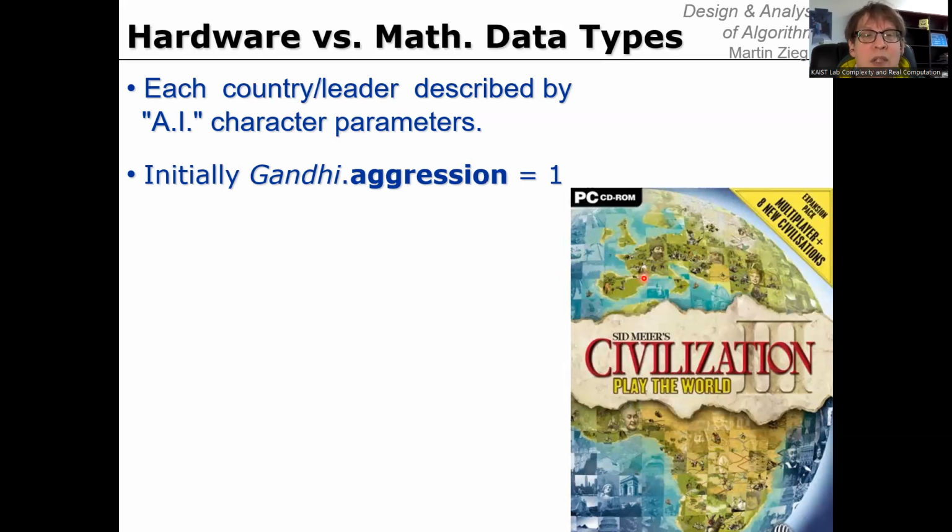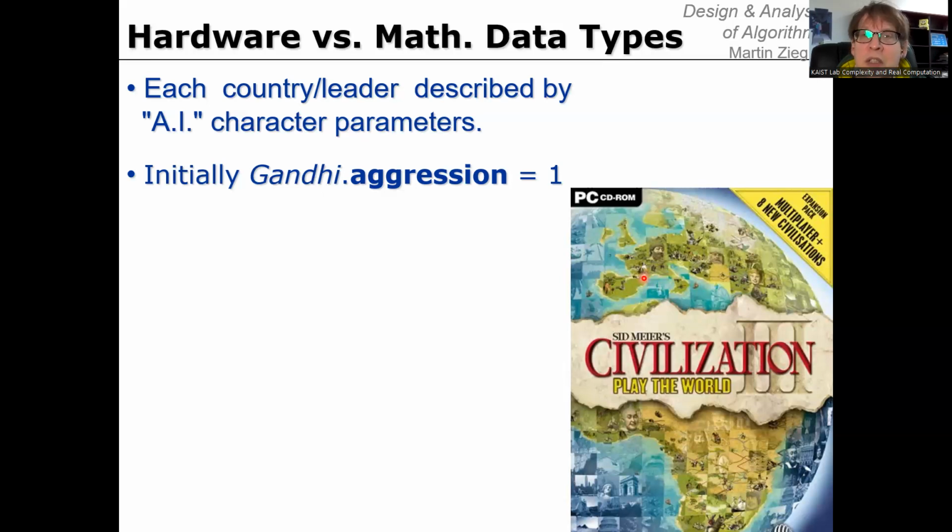And one of the rules in this game was that during the course of such a simulation, when a country would develop democracy, then its aggression level would further decrease.